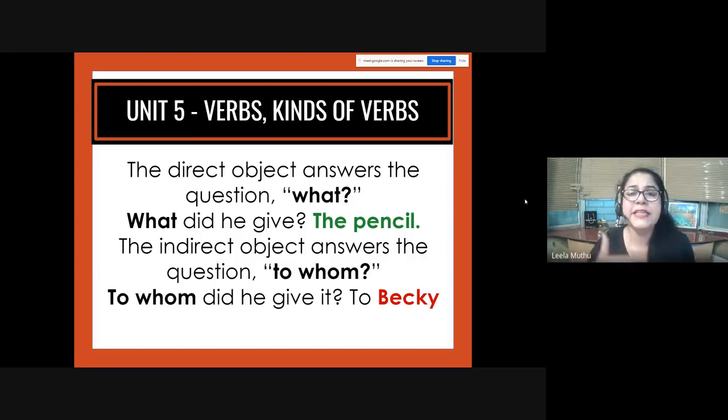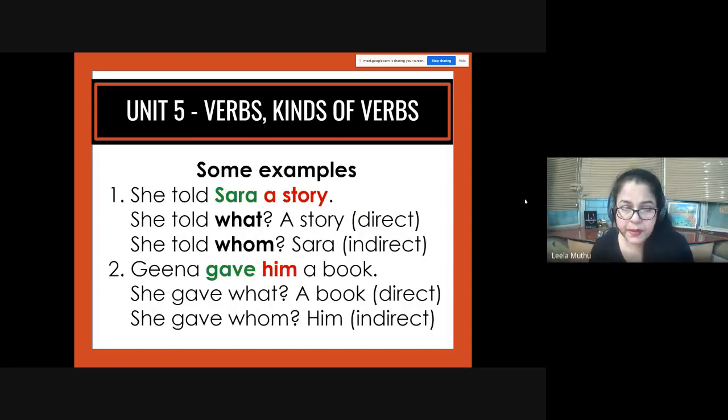Then you can see the difference between a direct object and the indirect object. So I'm going to give you a lot of examples so that you will find it easy. As soon as you see a sentence, it'll hit you, bam, and you'll know that there are two objects in the sentence.